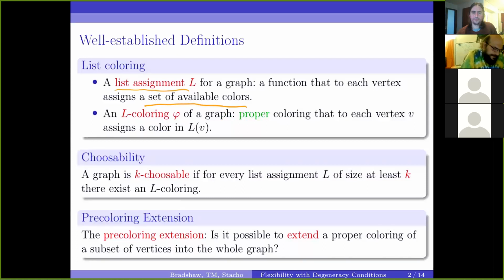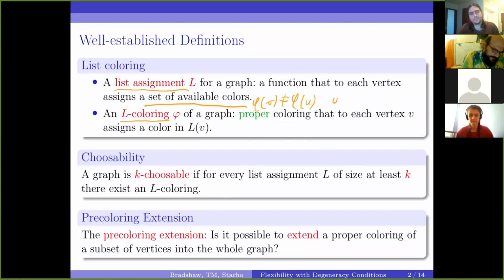And an L-coloring is a function which assigns colors to vertices in a way that neighboring vertices don't get the same color. So if we have an edge uv, then the colors have to differ.